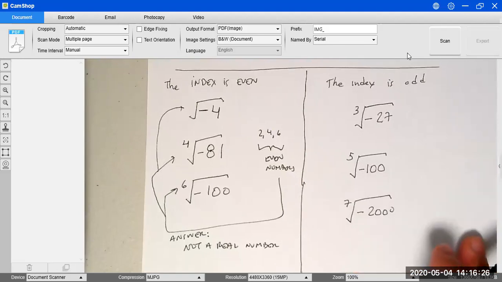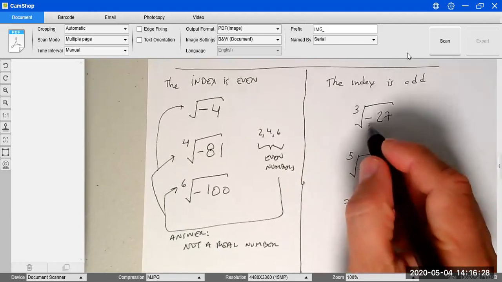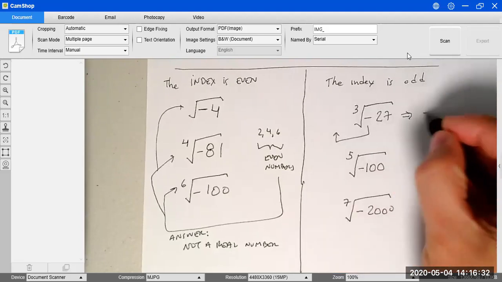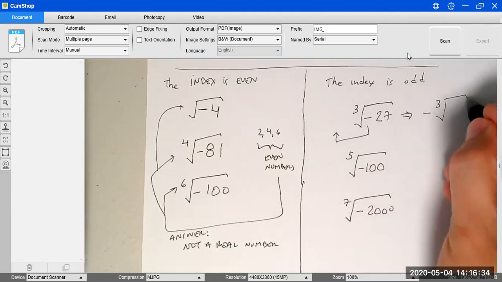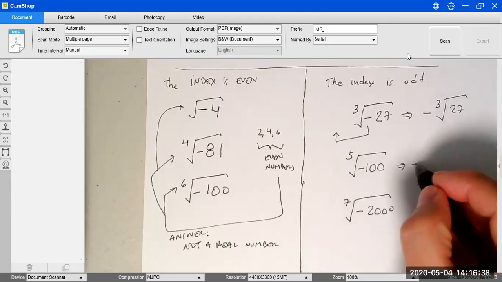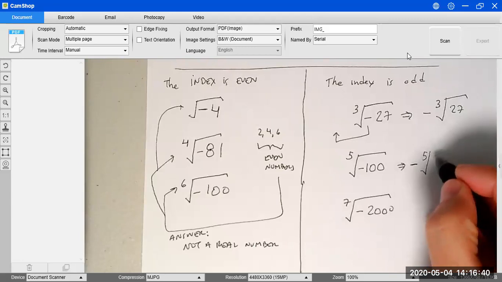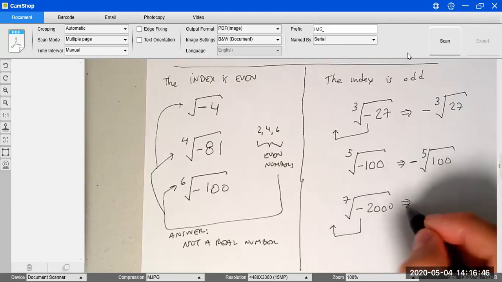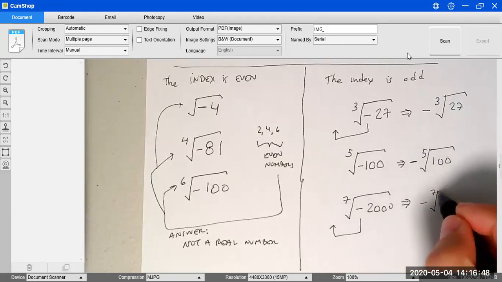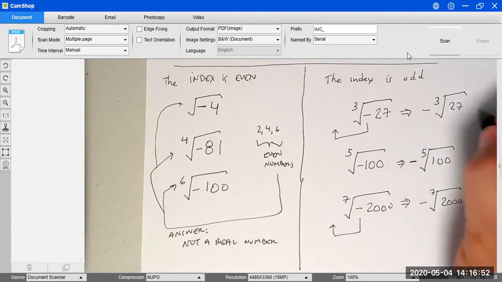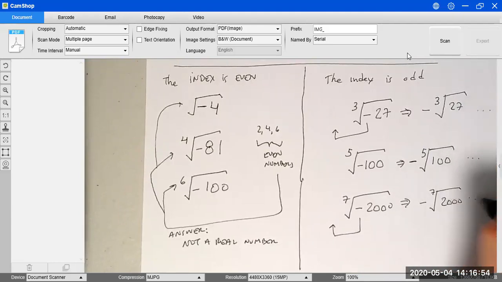The important thing is that you can take out the sign. So this is going to be equal to negative the cube root of 27. In this case, you take out the negative sign, so you're going to get negative the fifth root of 100. In this case, you're going to take this sign outside, so you're going to get negative the seventh root of 2000. And then you can proceed with the next steps if you have a way to simplify this.